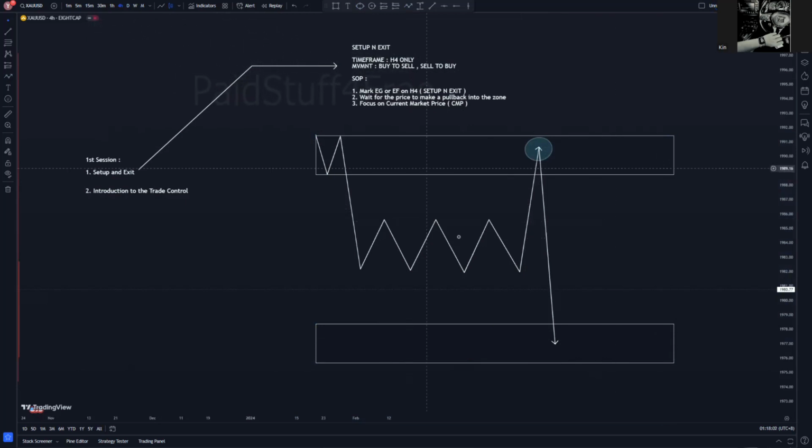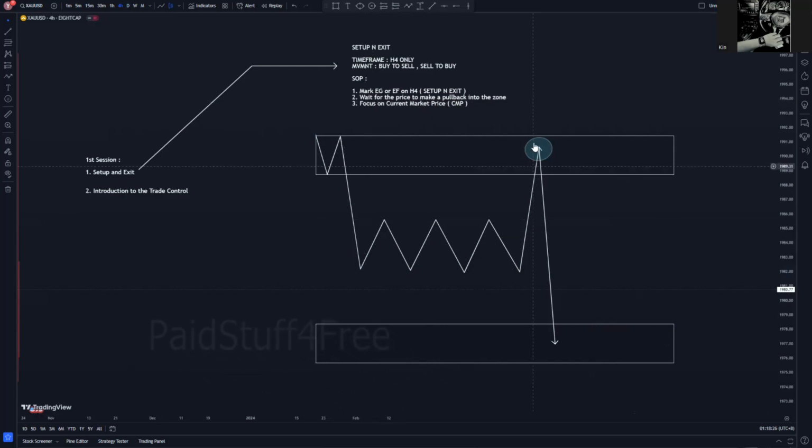So what should we do? Do it from scratch. Right now we already have this buy zone on H4, the zone we used just now as our exit, and now we are putting the buy entry. When the price gets into the buy zone, automatically we're done with the second SOP, since we've waited for the price to pull back into the zone.